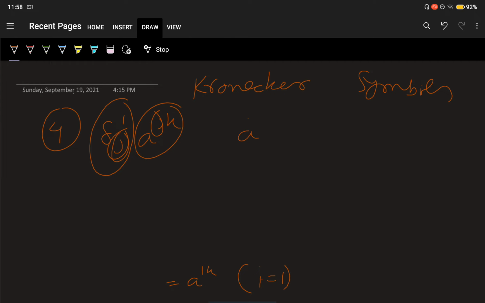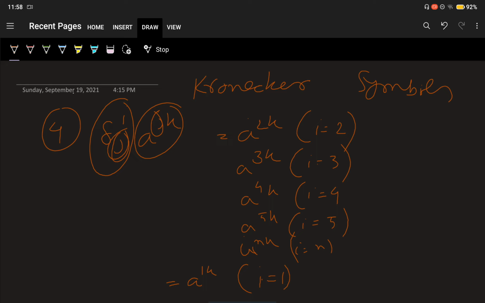For a_2k, i equal to 2, a_3k, i equal to 3, a_4k, i equal to 4, a_5k, i equal to 5, a_nk, i equal to n, and so on. So that can be written as a_ik. This vector can be written as a_ik.